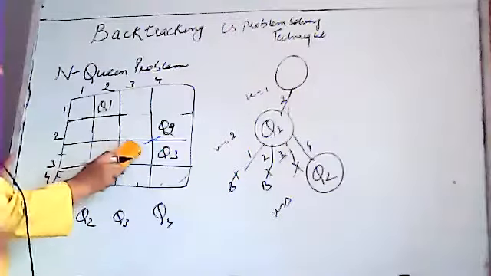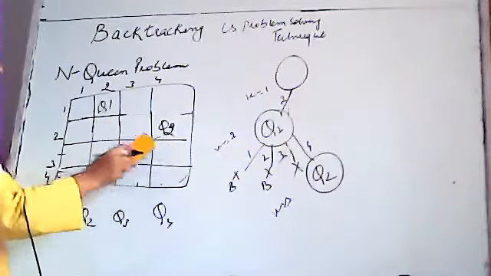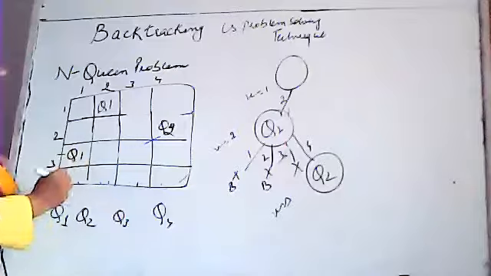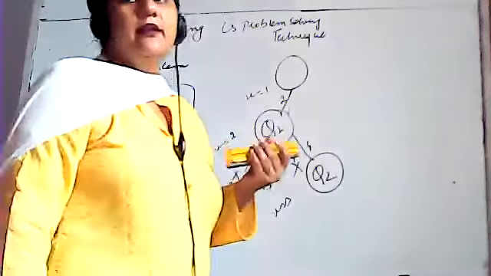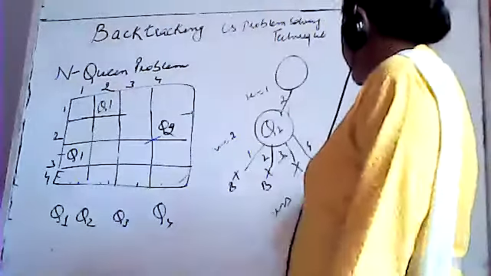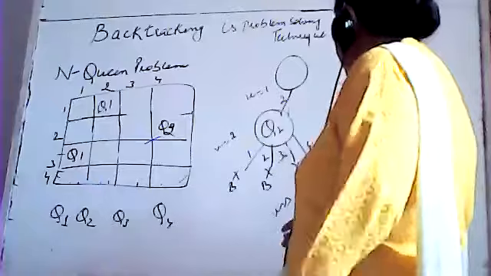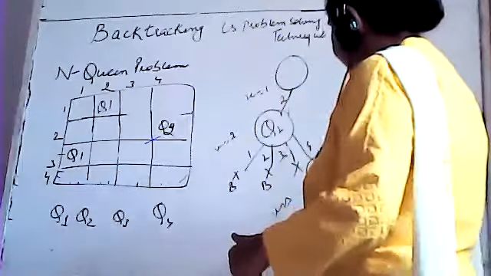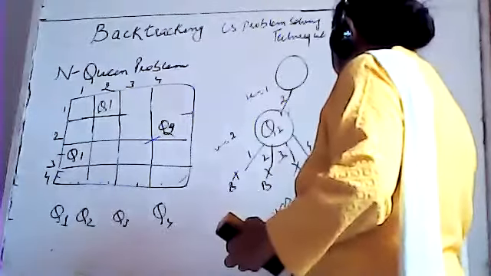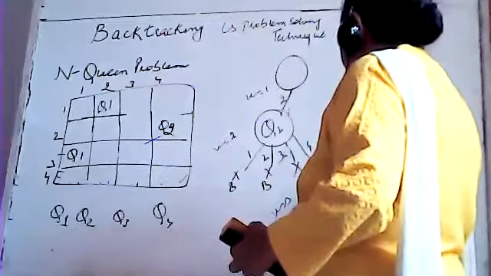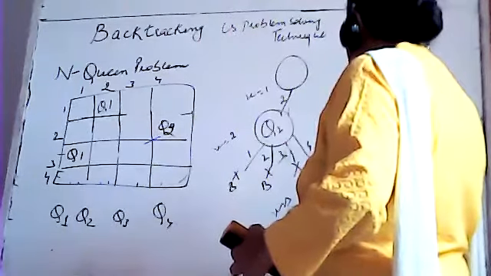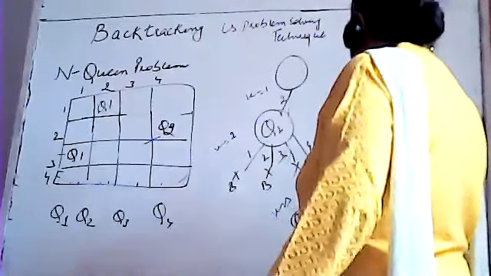So what we are left with? We are left with a single location, that is at first position in third row, I'll be able to put my Q3. So at 2, 3 and 4, I'll be stopped by bounding function.